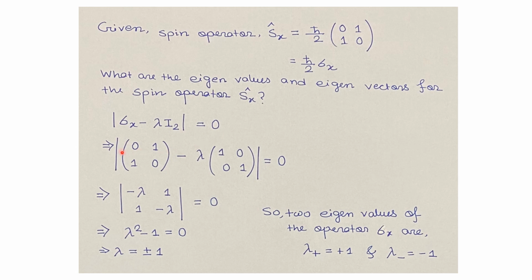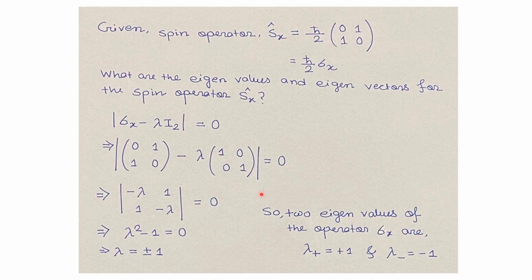Writing this in matrix form, it is the determinant of the matrix 0, 1, 1, 0, that is the sigma x matrix, minus lambda times the I2 matrix, that is 1, 0, 0, 1, equals 0.